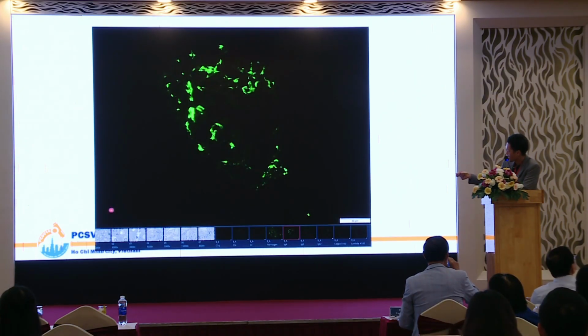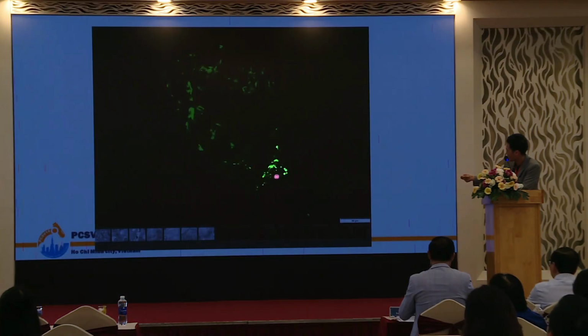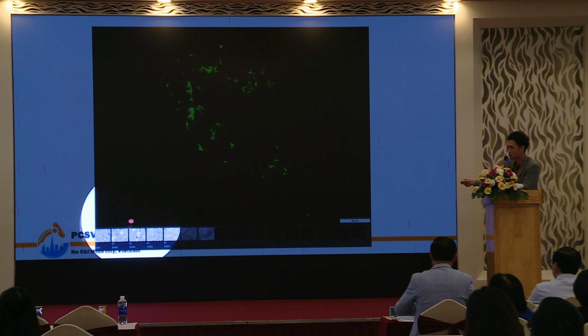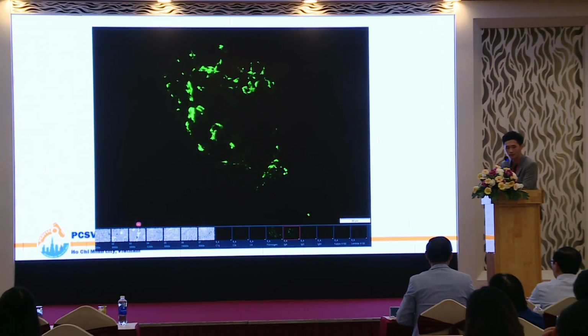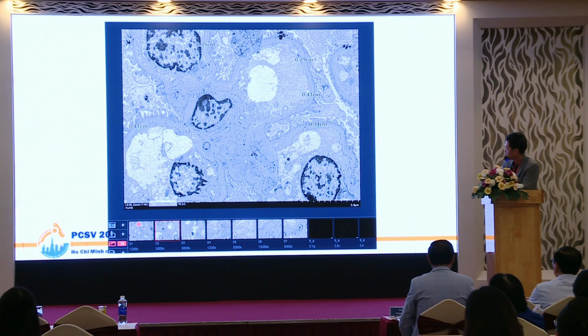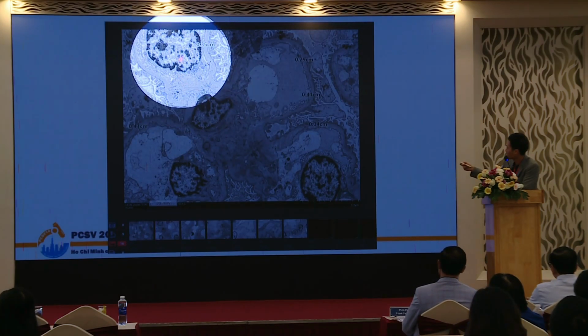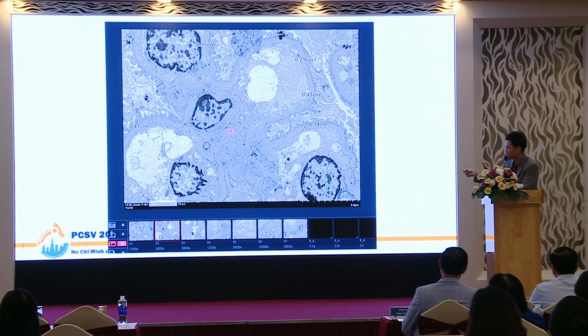And if I click that, I can navigate the different types of IF and electron microscopes. In EM, I can also measure the thickness of GBM or maybe something else.